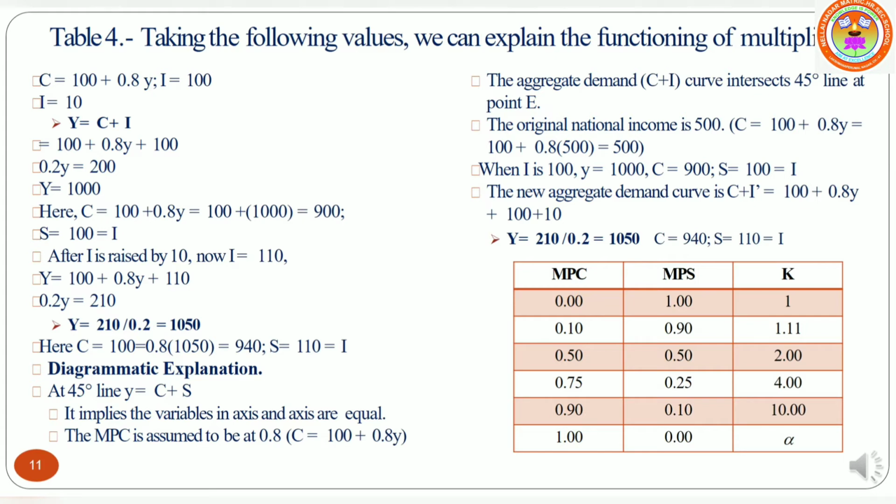So 1y minus 0.8y equals 100 plus 110, we will get 0.2y equals 210. Y equals 210 divided by 0.2, how much? 1050.